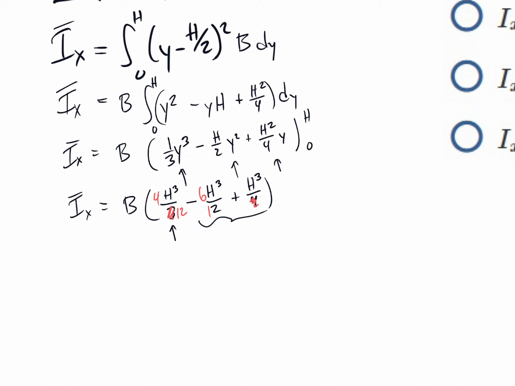This one goes to 12ths. It becomes 3/12. Okay, so 4 minus 6 plus 3 is a positive 1. So we end up with I x bar equals 1/12 bh cubed. And if you look up in the back of your book, you'll see that that is the solution for a rectangle around its centroidal axis.